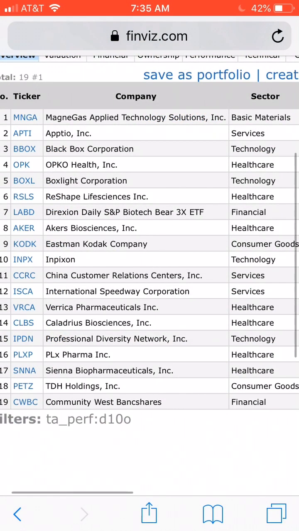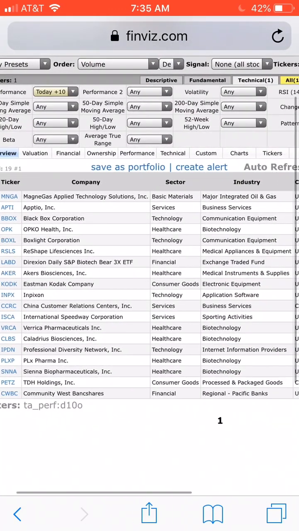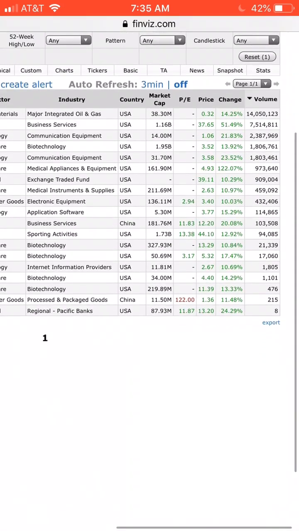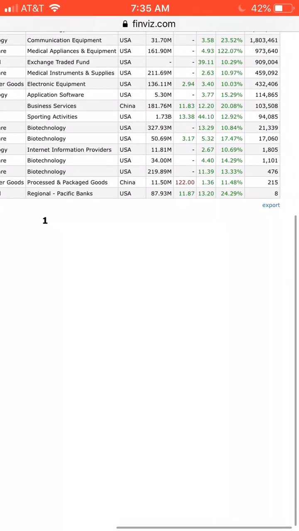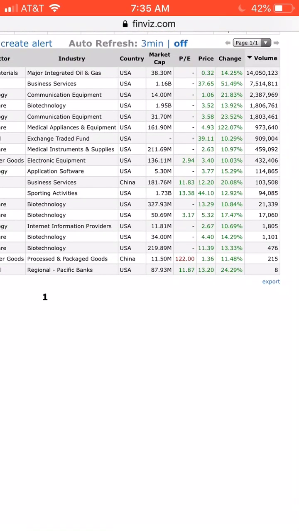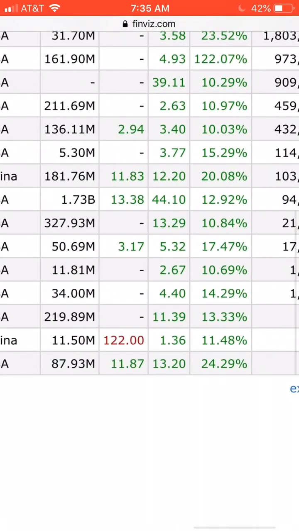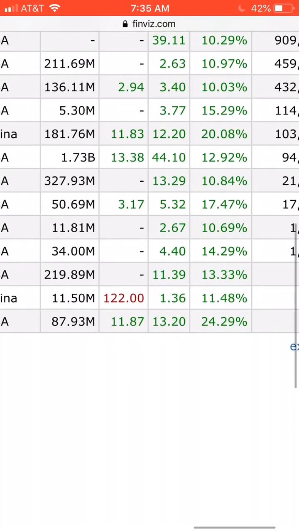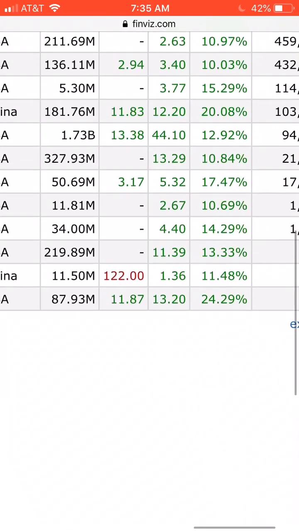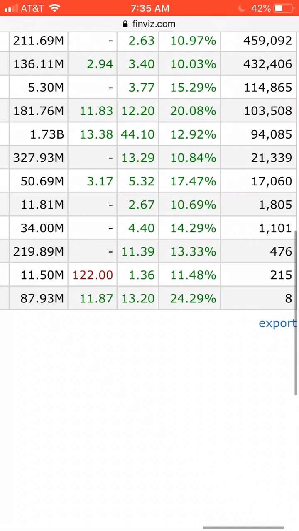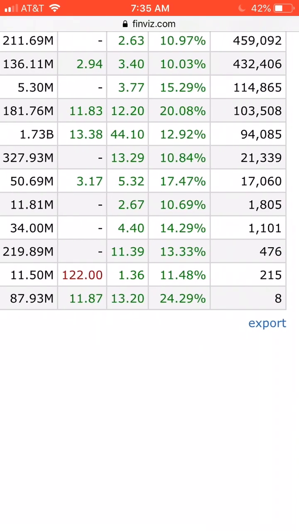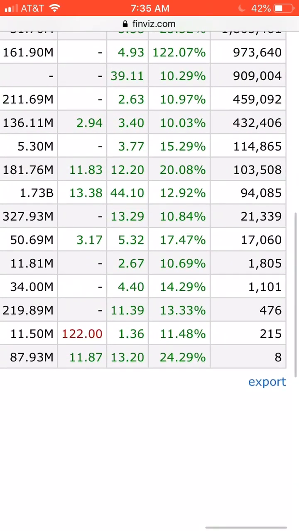So right now it doesn't look like I'm going to make a trade today. And this was the one that we were looking at that is too expensive, and then these volumes seem too low now.